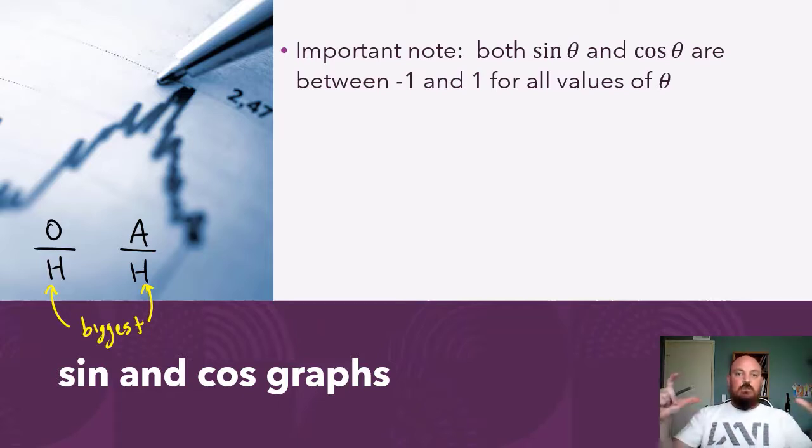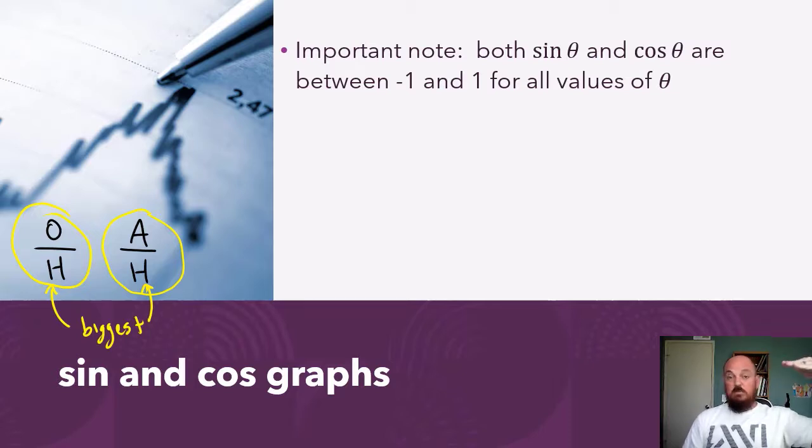So if you have a fraction with a bigger number on bottom, then your fraction can't be bigger than 1. So really both of these ratios here, opposite over hypotenuse, sine, and adjacent over hypotenuse, cosine, you're always getting a number that cannot be bigger than 1. It's going to be some sort of fraction or decimal that's either equal to 1, that's the biggest it can get, or less.